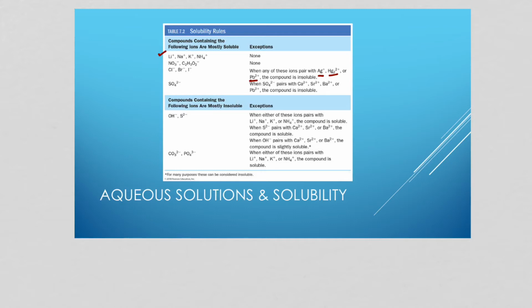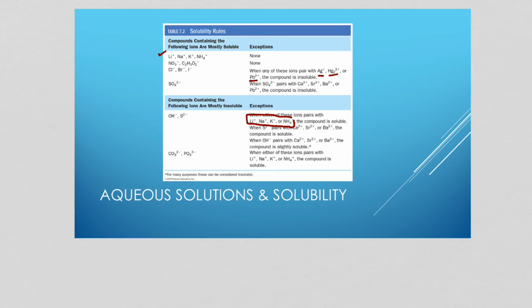Now we have some ions that tend to make compounds insoluble. So we have hydroxide ions and sulfide ions. These are going to be insoluble unless, of course, they are paired with one of the positive ions that are always soluble. And there are a few other examples that make sulfide soluble, if it's paired with the alkaline earth metals.